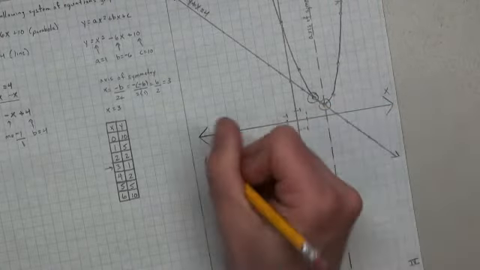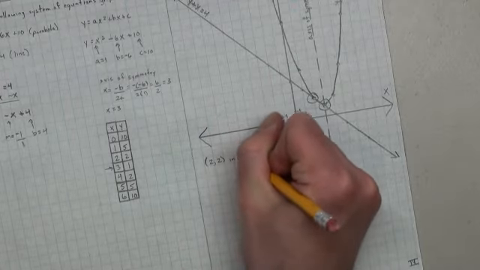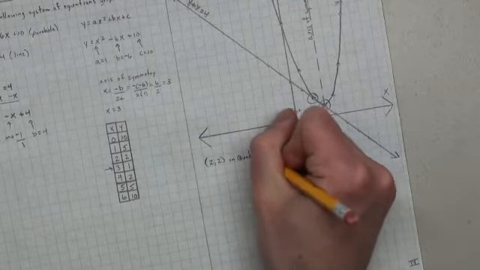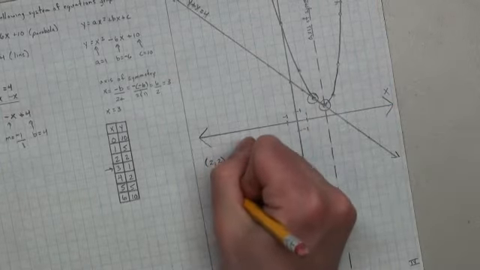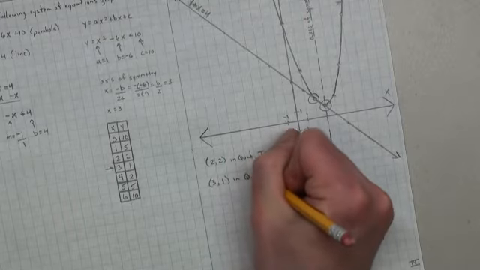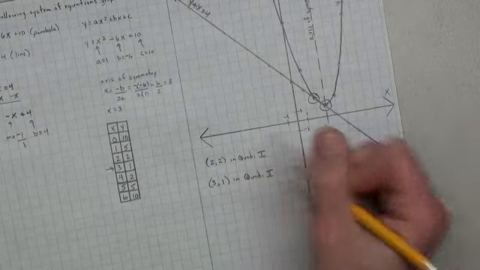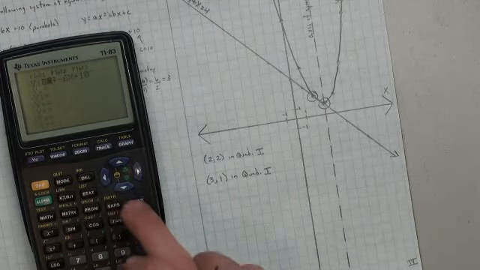The first one is 2, 2, which is in quadrant 1. Then we have 3, 1, which is also in quadrant 1. Let's take a look on our calculator.